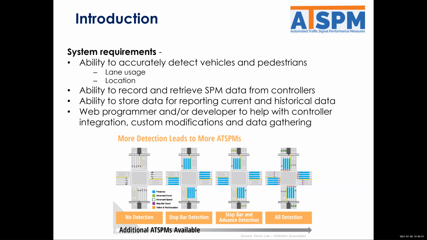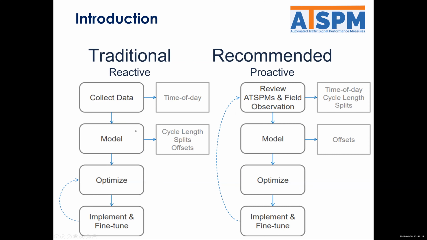The last thing you're going to need, if you're using ATSPMs, is some sort of web programmer or developer to help with the software. ATSPM is actually free software that's open sourced by Utah Department of Transportation. So you can take it, use it as you want, but as far as developing anything from it, most agencies have to do that on their own. So that's one of the things that is the hardest part of this, is that just looking at the data is easy. Analyzing the data is a little more difficult.